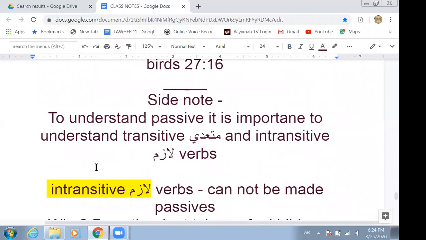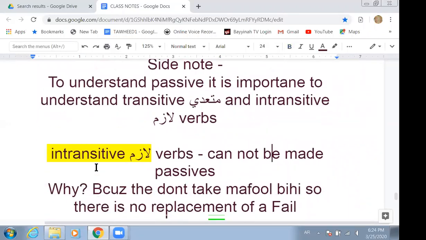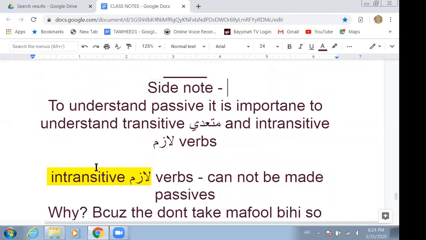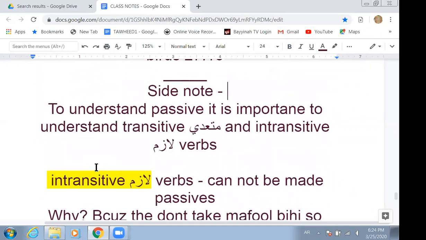Okay, so this was the explanation we had in the matan for the naibul fa'il. This was a question I asked in the group, and Sister Sauda gave an answer. I am sure that most of the sisters probably know it, but some of you still will be having some complication understanding the difference between the lazim and the mutaddi. Even I was confused for so many years why lazim cannot be converted into the passive.